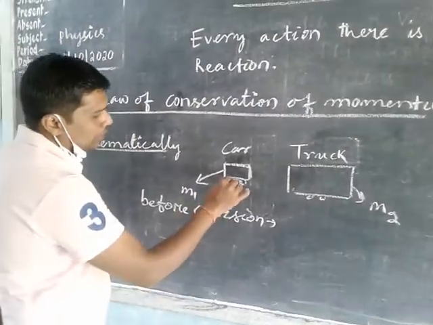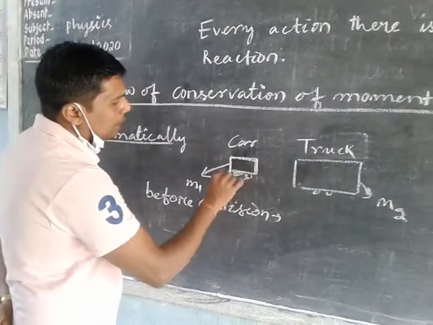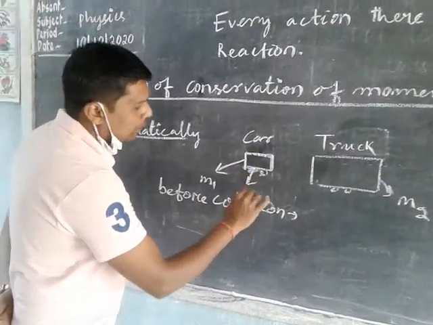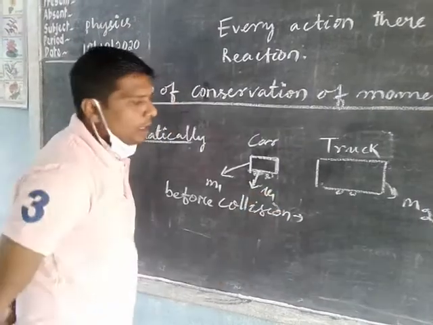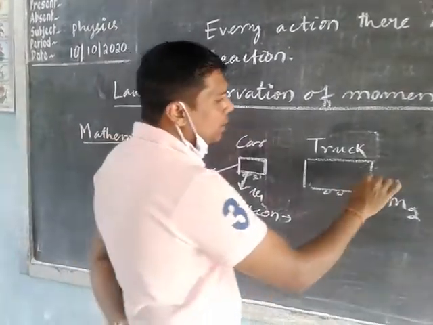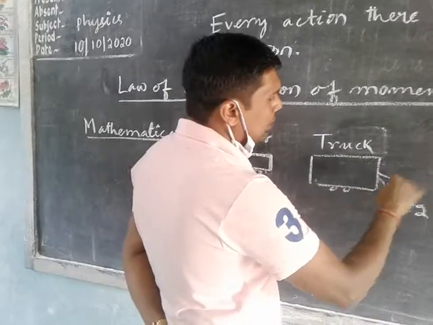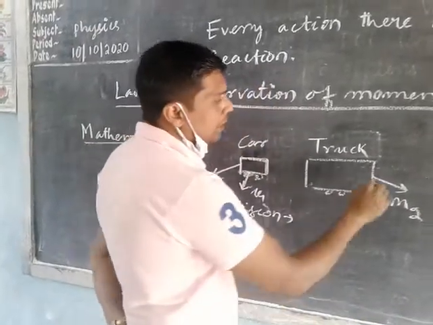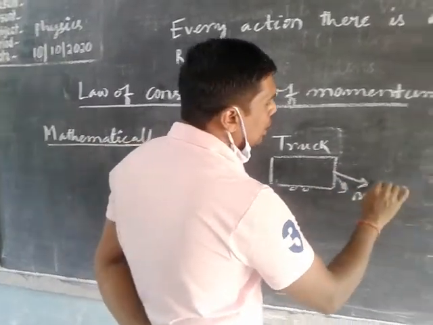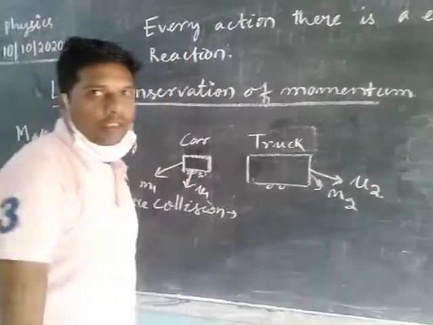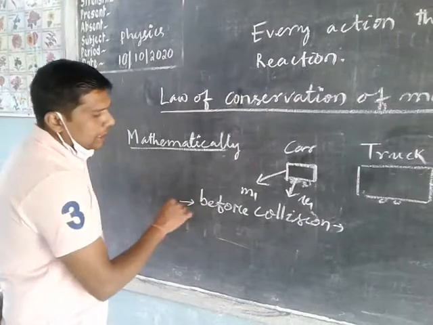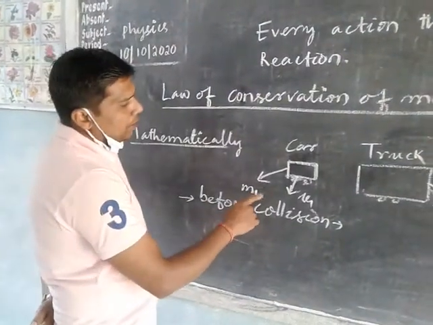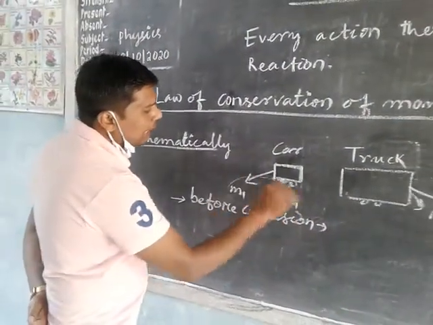Before collision, suppose the car has an initial velocity u1, and the initial velocity of the truck is u2.